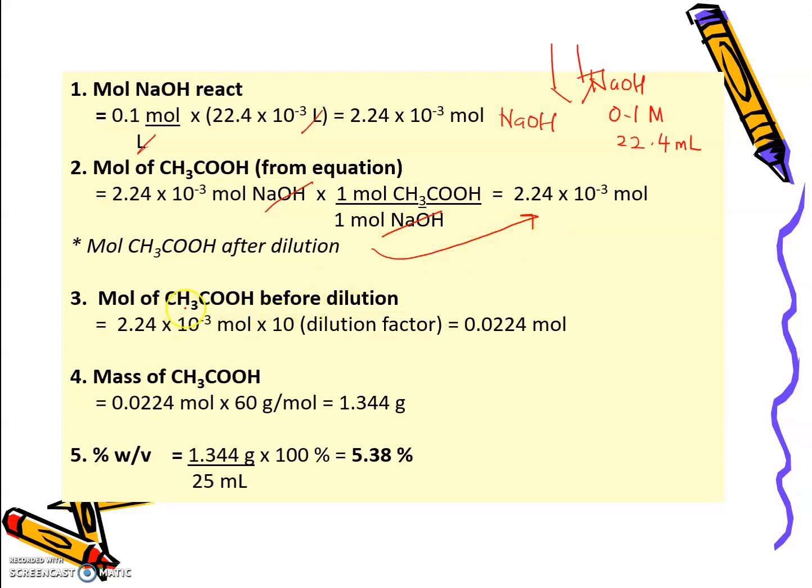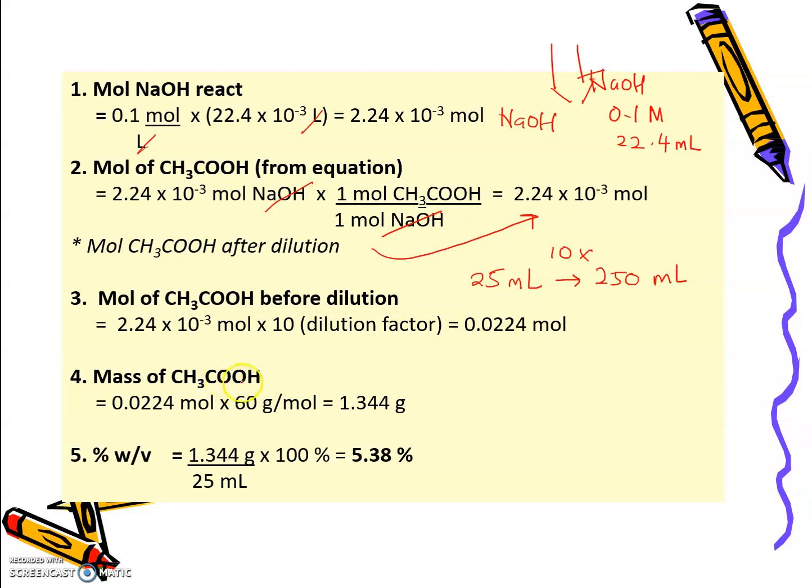To find the number of moles of acetic acid before dilution, since the dilution factor is 10 times, from 25 ml diluted to 250 ml, we multiply the number of moles of acetic acid after dilution by 10, the factor. So 0.0224 mole of acetic acid before dilution.